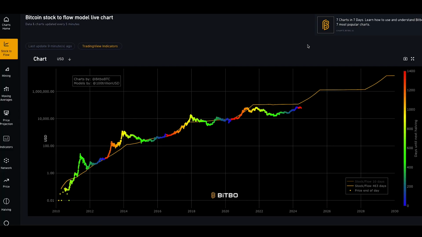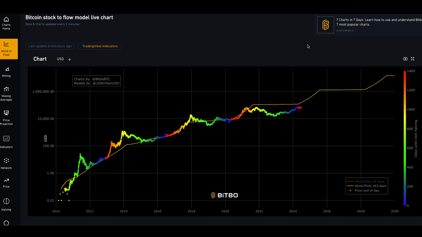Now, stock to flow for Bitcoin is a quantitative model that compares the existing stock of Bitcoins to the flow of new Bitcoins entering circulation each year. Again, as miners mine blocks, they get rewarded in Bitcoins. That is new supply flowing into the market.